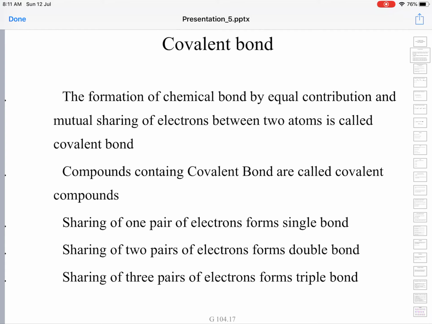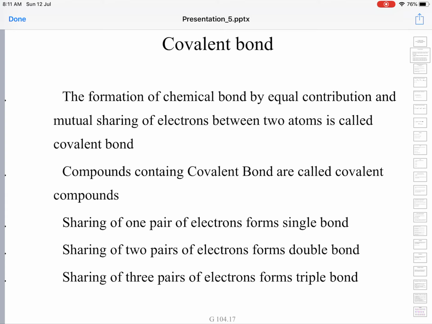So, all other elements also try to get this inert gas configuration, or ns2 np6 configuration. This configuration can be attained either by transfer of electrons or by mutual sharing of electrons.